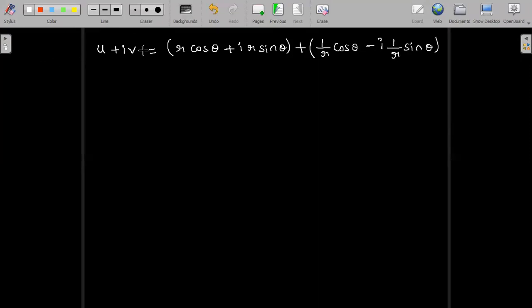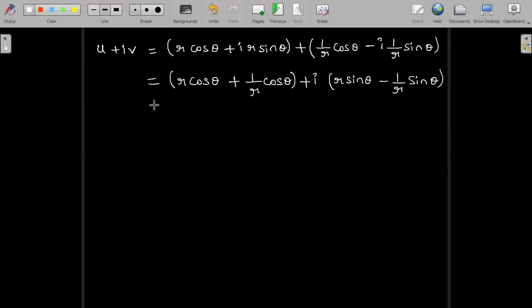I just multiplied r inside the first bracket and 1 by r inside the second bracket. Now I will group all the real terms together. So r cos theta plus 1 by r cos theta. These are the real terms together. Plus i into r sin theta minus 1 by r sin theta.